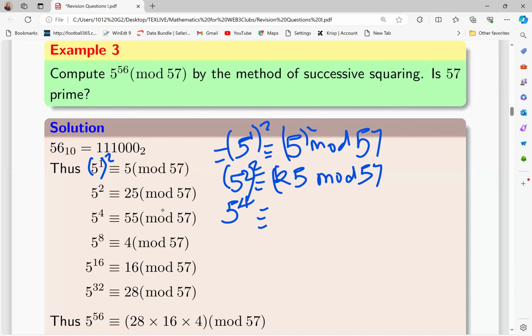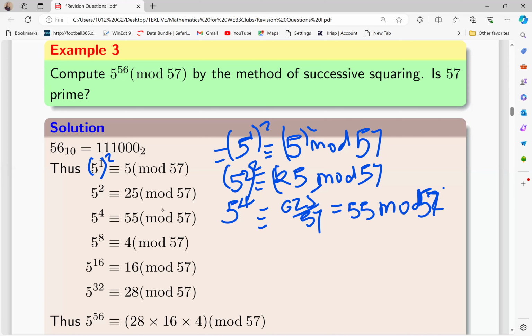So now 25 squared is 625. If you divide by 57, you get a remainder of 55. So 55 mod 57.